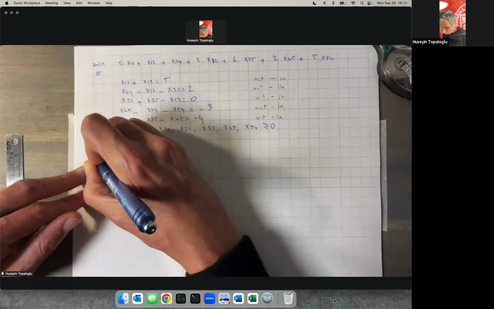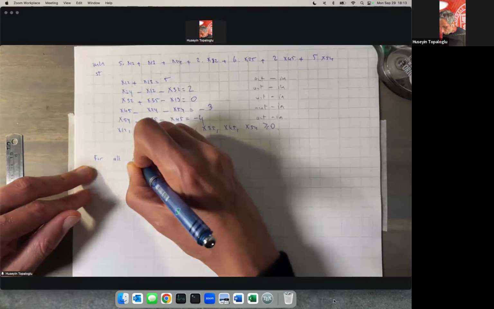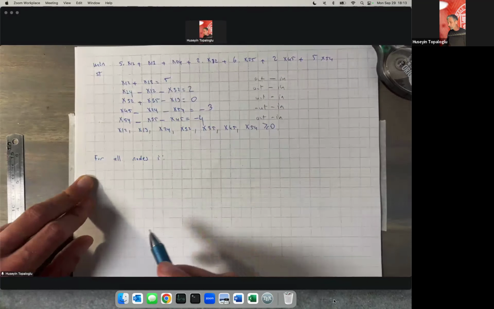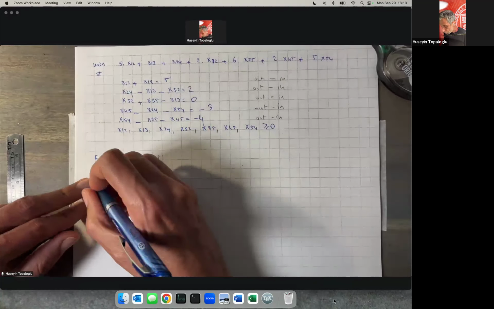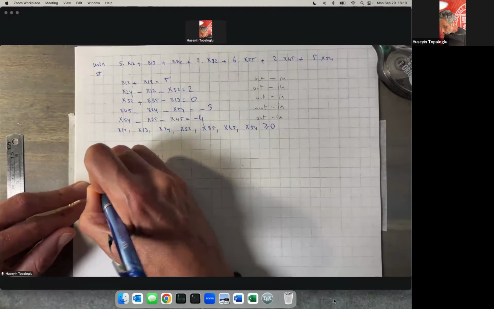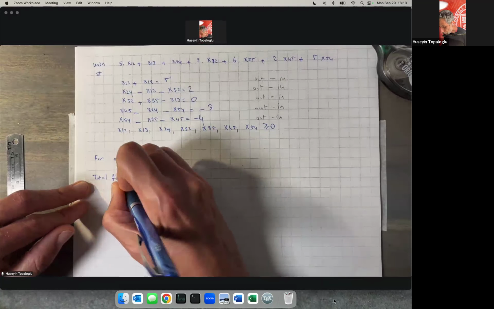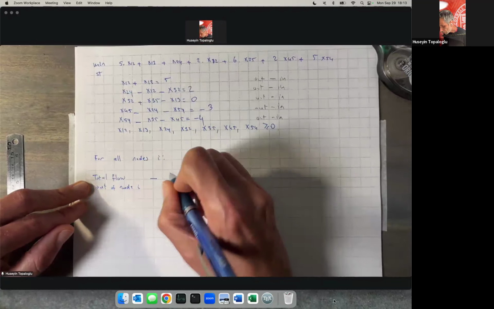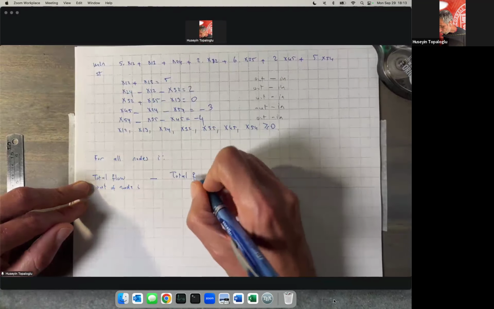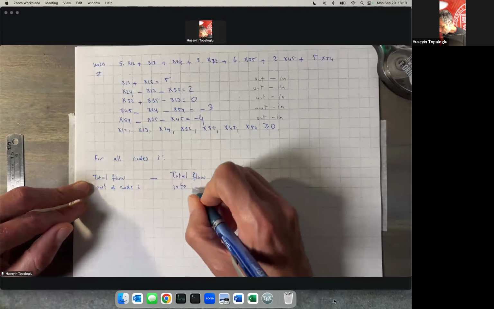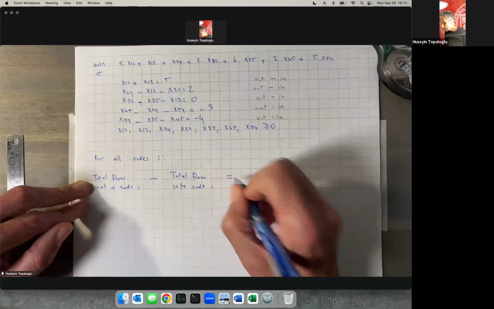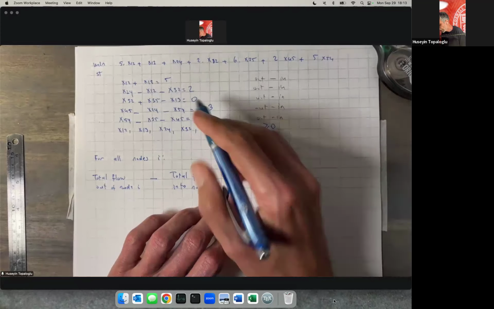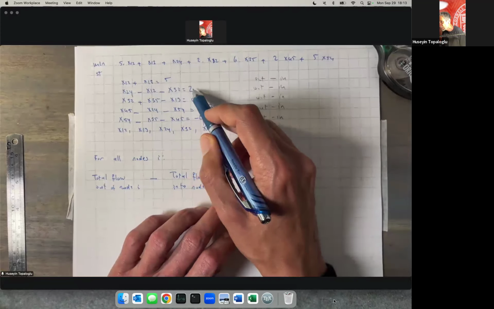So let's say then for all nodes I, if you formulate the minimum cost network flow problem in this fashion, the constraint that we have is of the form total flow out of node I minus total flow into node I is equal to, let's call this number the availability at node I. For supply nodes, the availability is a positive number.